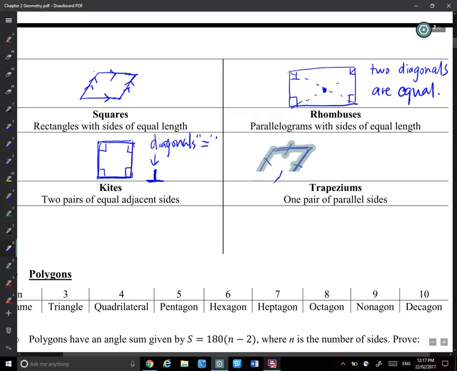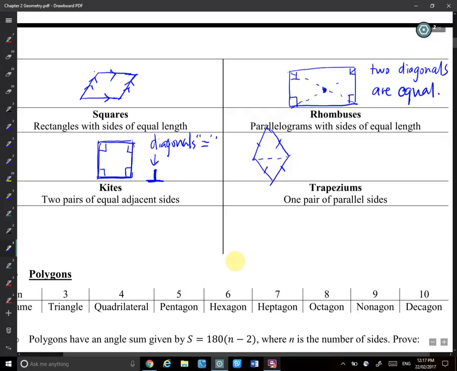Let's draw it that way. It looks like a rhombus, but you know that the 4 sides should be equal length.